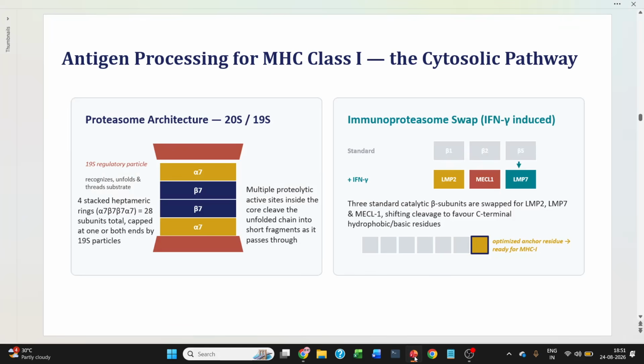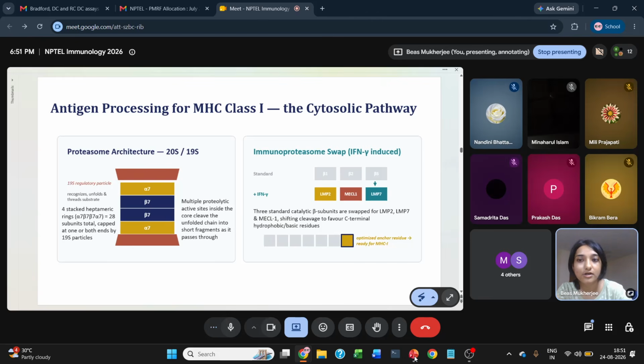Okay, so proteasome architecture is once again explained here, for your understanding. And the immunoproteasome swap is very important. Here what happens, whatever standard proteasome subunits were there, they are replaced by LMP2 and these other proteins.